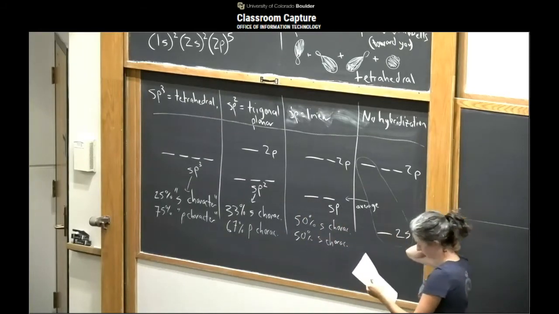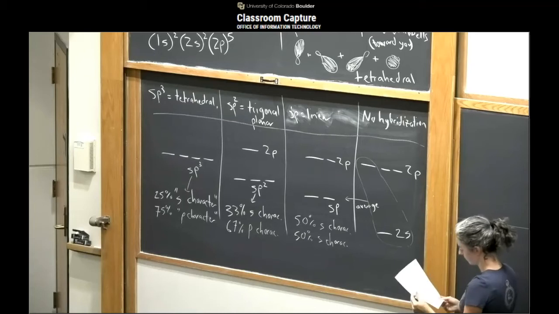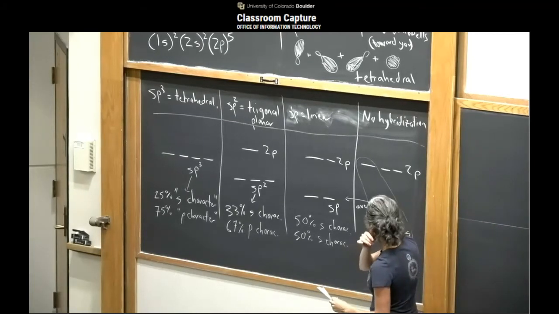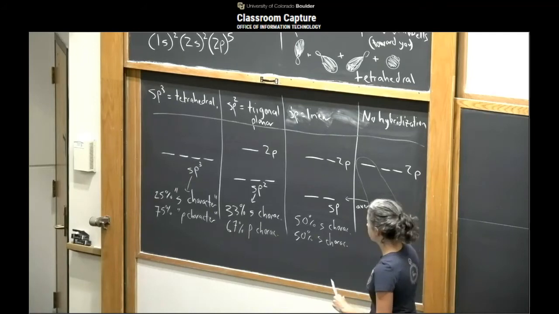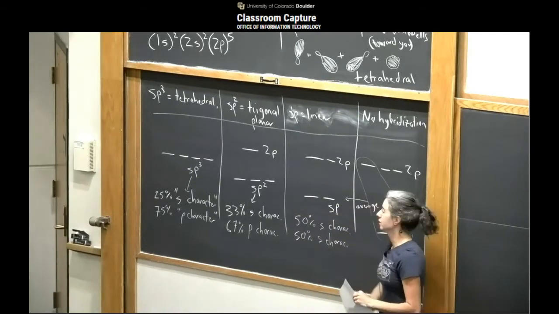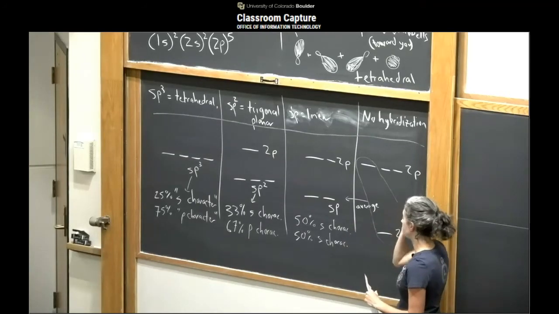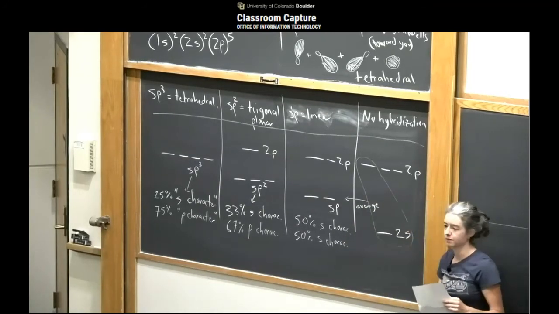So in general, we can get a pretty good idea of the properties of our new hybrid orbital just by averaging together whatever the properties of the parent orbitals, we'd call them, are.